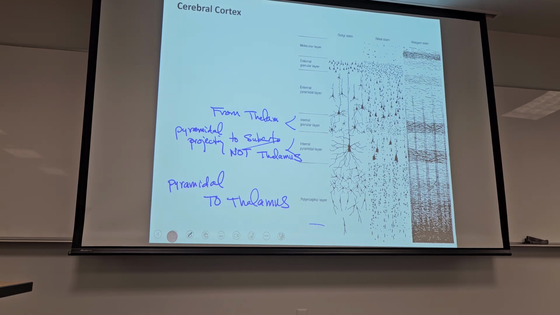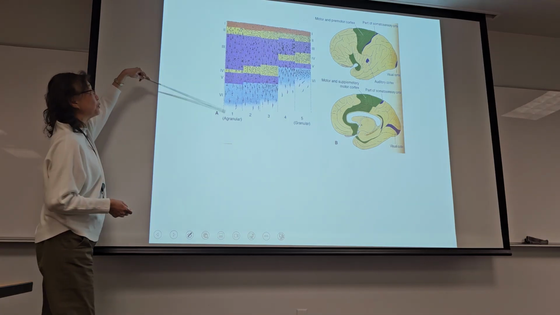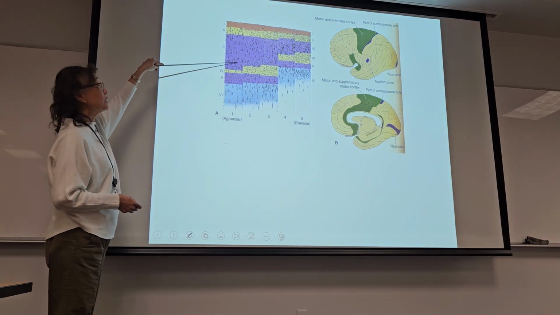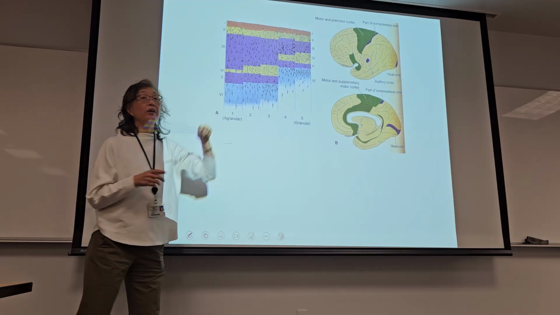Please change slides. All right. Now, just to give you a sense that the 6 different layers that are in the cortex are not the same proportion throughout the cortex, throughout the brain. So we can see here are 6 levels, 1 through 6, and in some areas, so this is a cortical section, they're proportionally larger than in other areas.